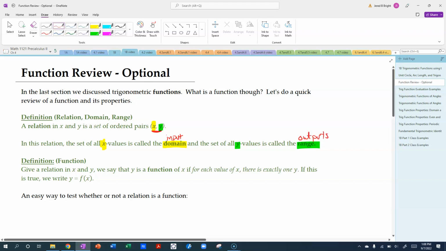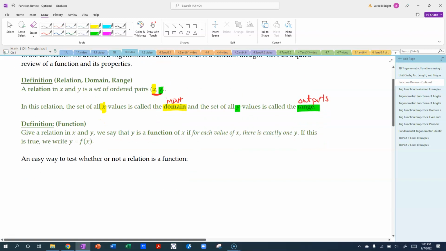We have to have these elements in order to talk about a function, and a function is a particular type of relation where we also have this condition: for each value of x, there's exactly one y. Just to illustrate this, imagine we have x1, x2, x3, and then y1, y2, y3, and let's do this twice.